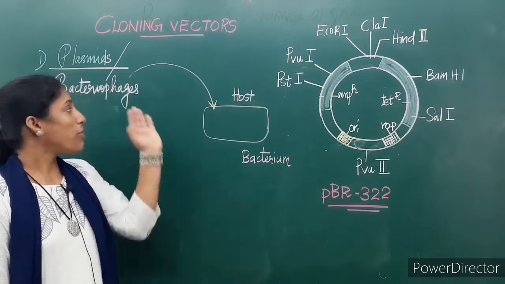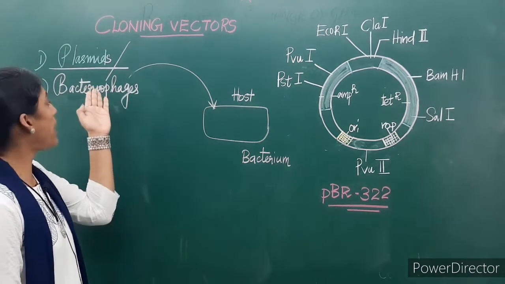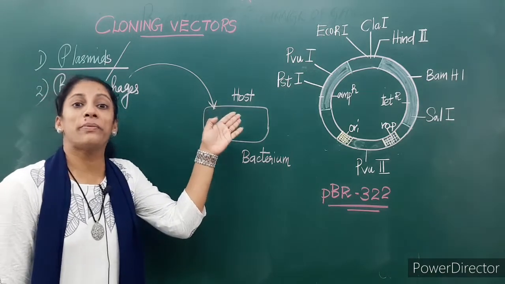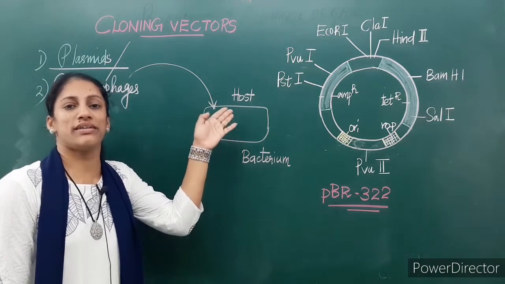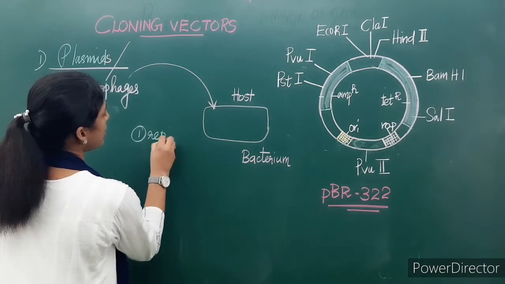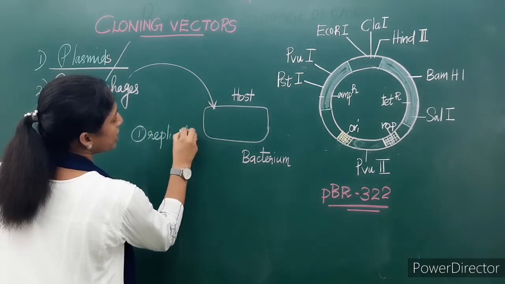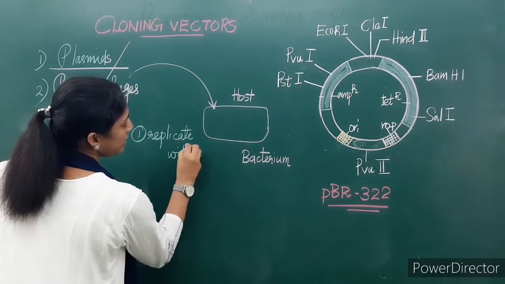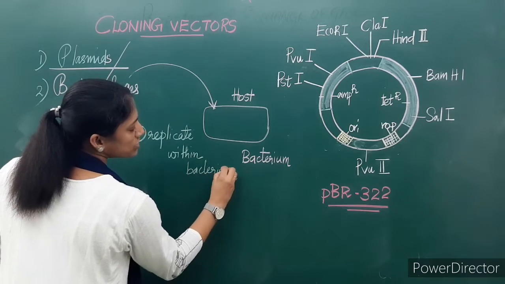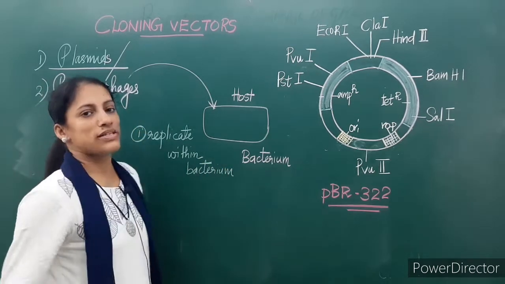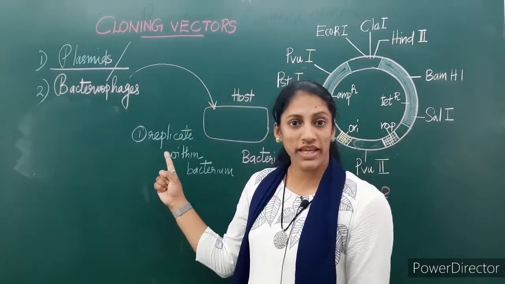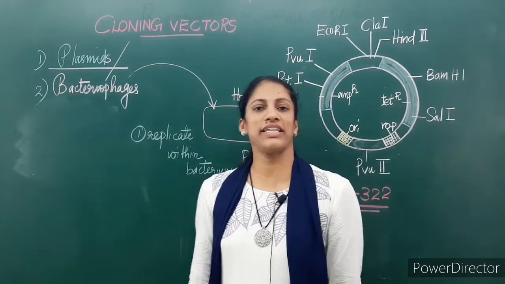It is because both these plasmids and bacteriophages can replicate within the bacterial cell. That's the most important feature. Both the plasmids and bacteriophages can replicate inside the bacterial cell.